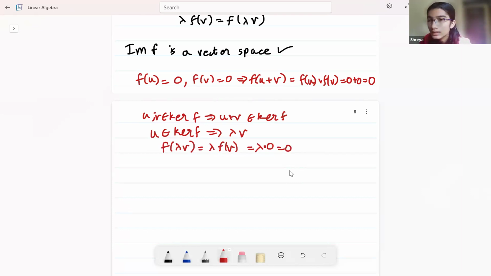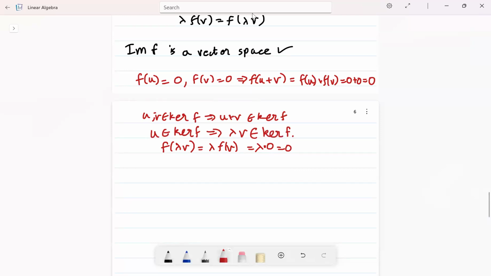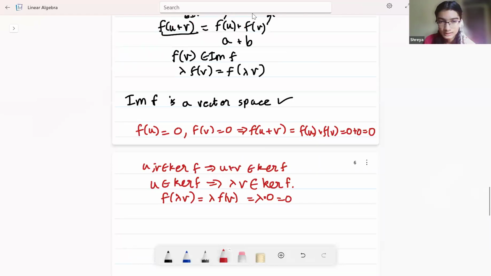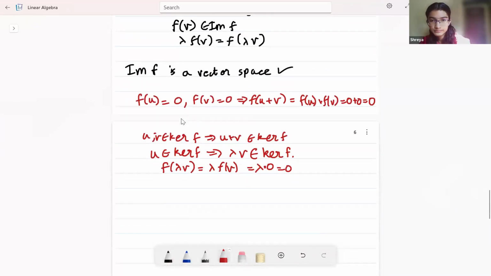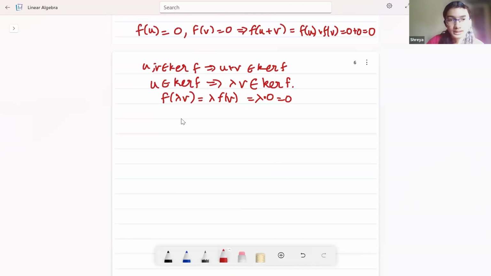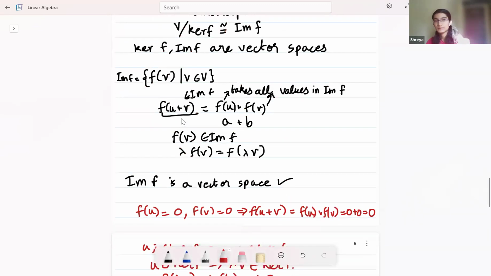You'll have to formally prove that lambda times 0 is equal to 0, but it's easy to show. So this proves that the image and the kernel are both subspaces.